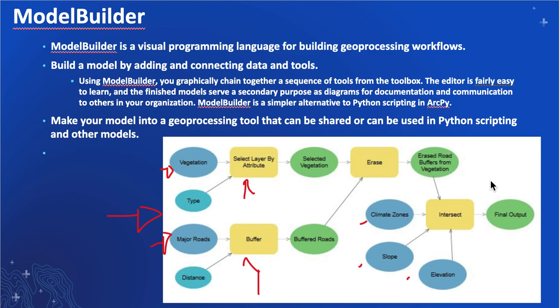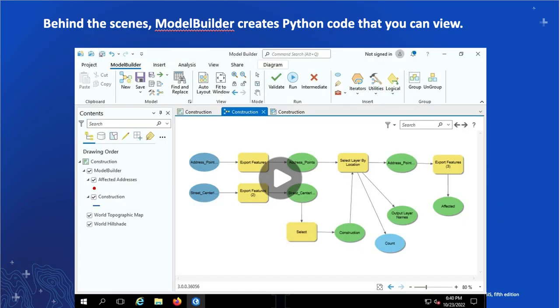And then finally, we have our final layer. And this final layer identifies the areas that meet all criteria. And also with Model Builder, behind the scenes, Model Builder creates Python code that you can view.